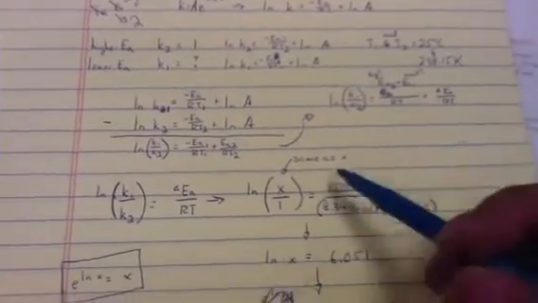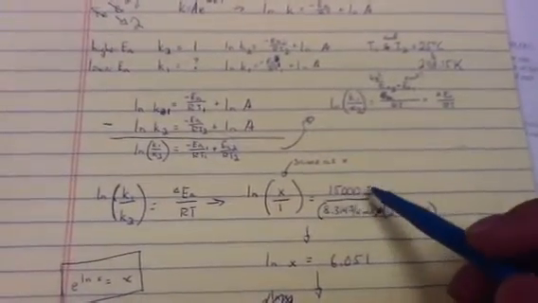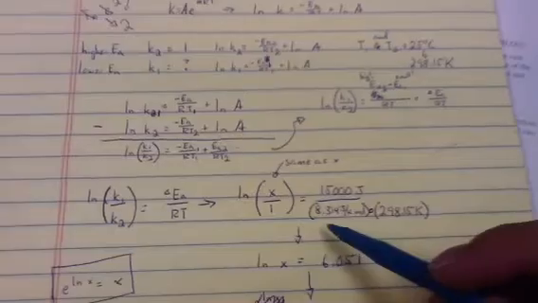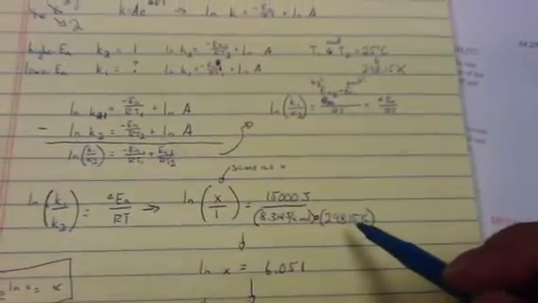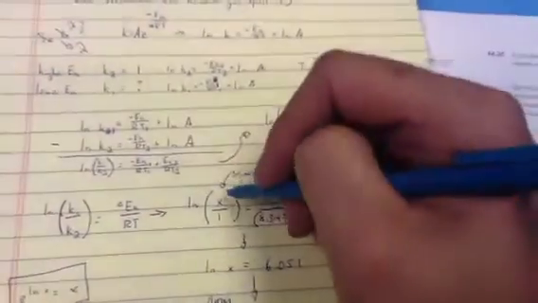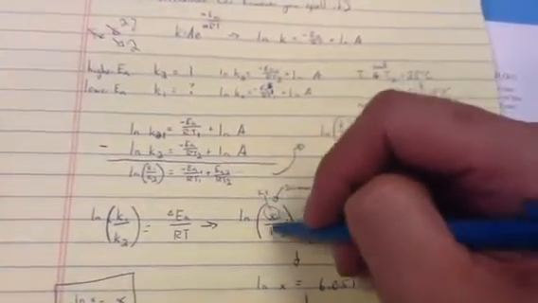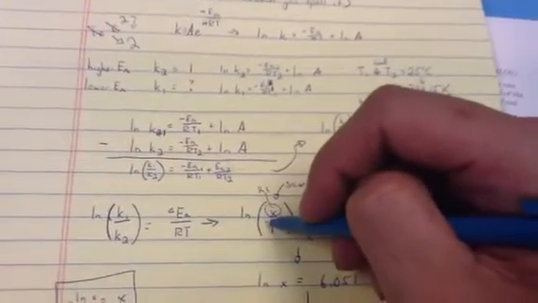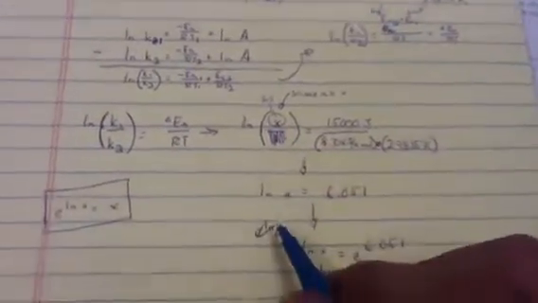So ln of x over 1 is equal to 15,000 joules over 8.314 joules per mole kelvin times 298.15 Kelvin. This x is my K1. I made K2 equal to 1 so that I could simply make this ln of K1, which is the exact same thing.